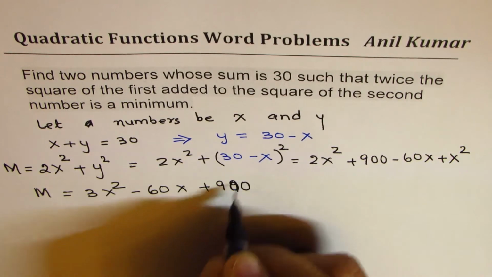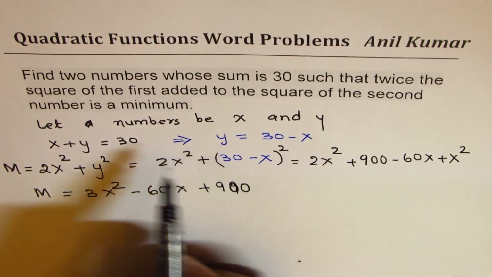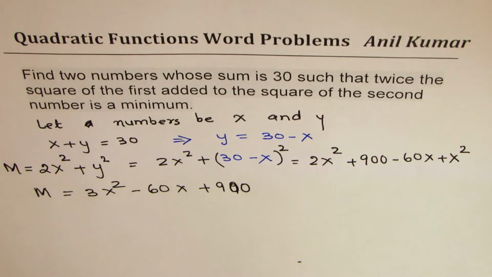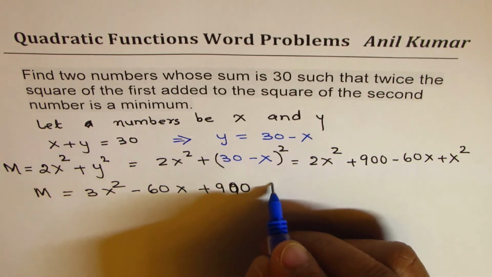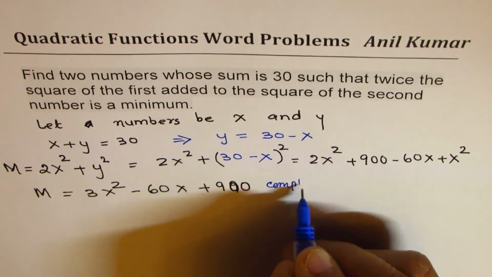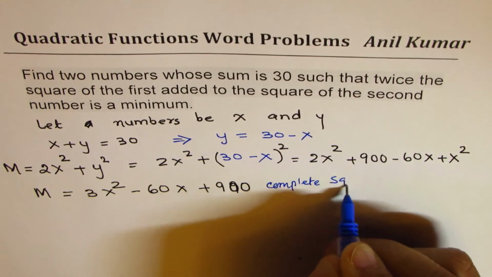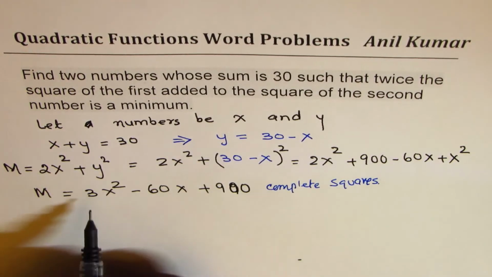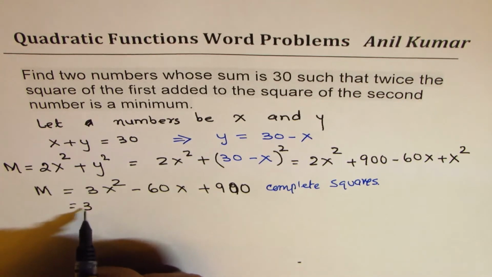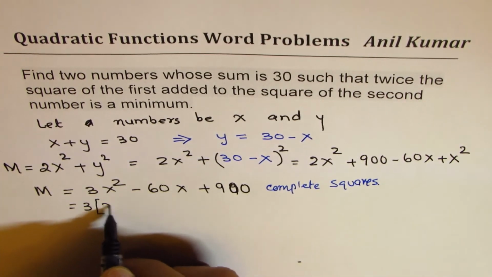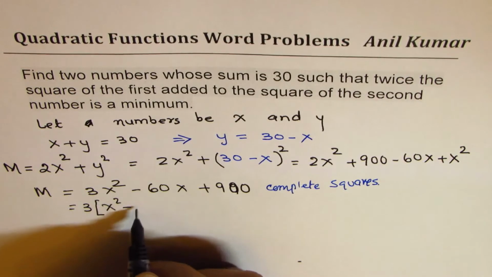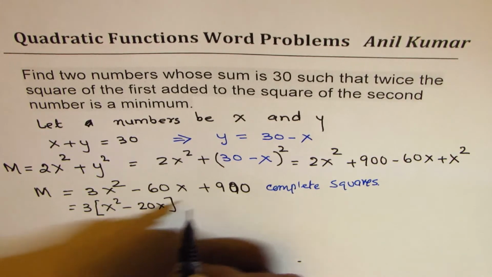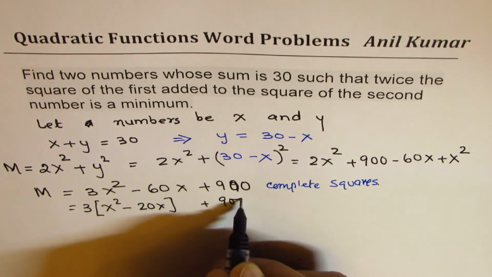Now, you want to minimize, that means you should do completing the square. So we'll complete the square now. Taking 3 common from the first two terms, we get x squared minus 60 divided by 3, which is 20x, plus 900, right?